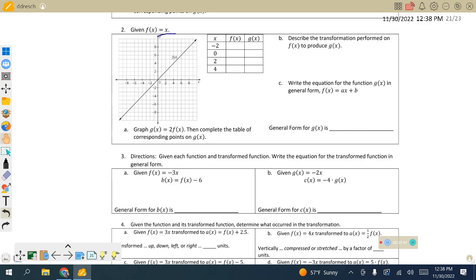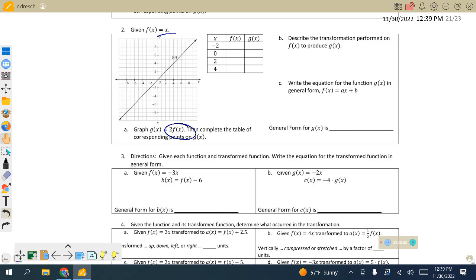Cool. We want to transform it, being described right down here. Based off what we've been doing the last couple days, what's the description here? What are we doing on this transformation? I see 2f of x. So what is that 2 going to do for us?